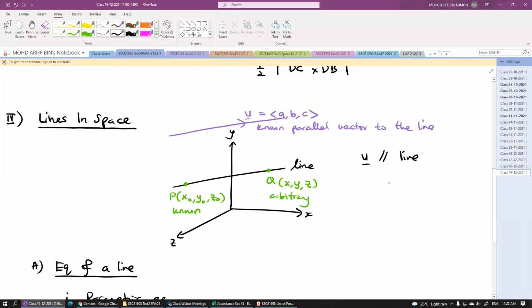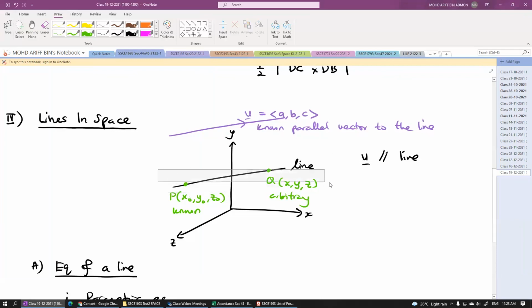If we want to write the equation from this parallel relation between the vector and the line, you have to find another vector on your line. What is another vector on this line that we can get from here? What is it?